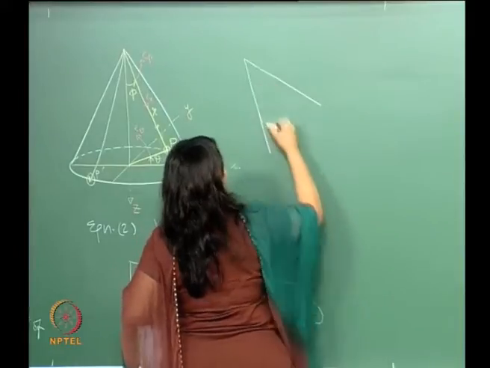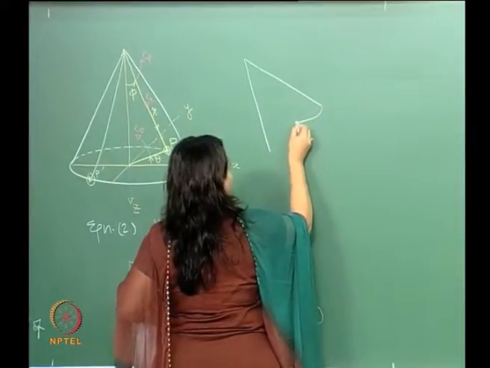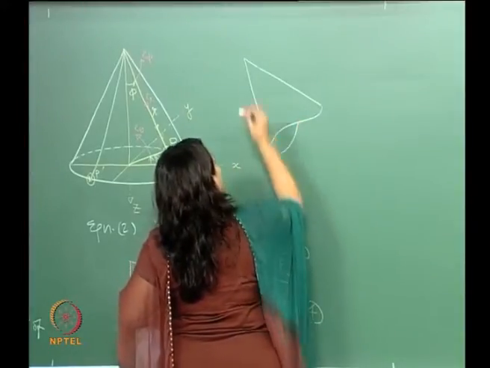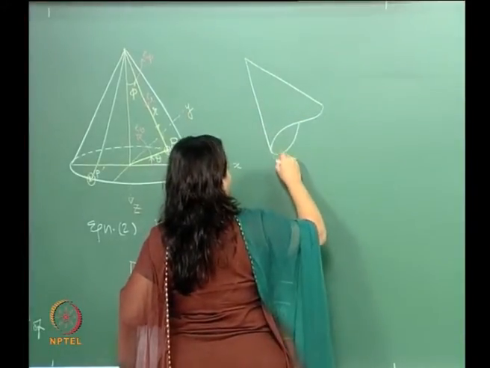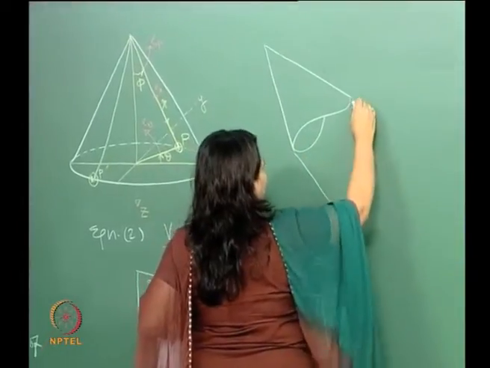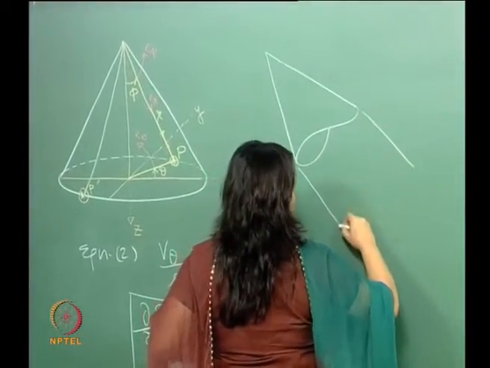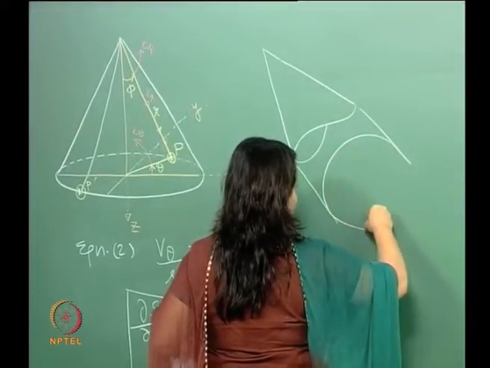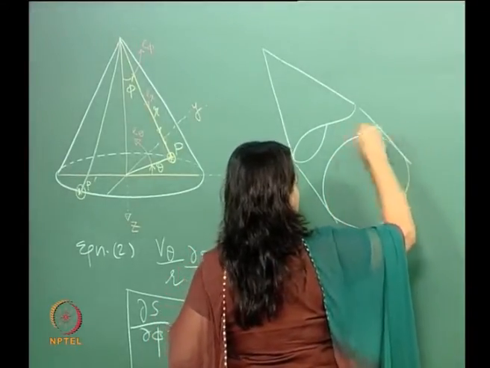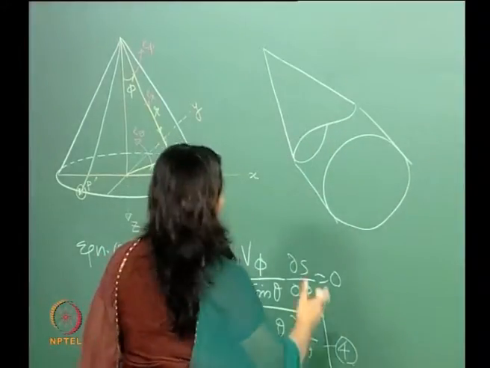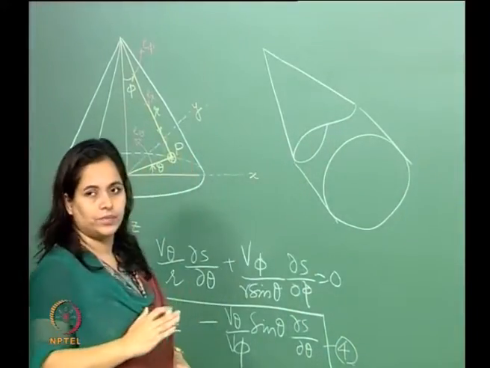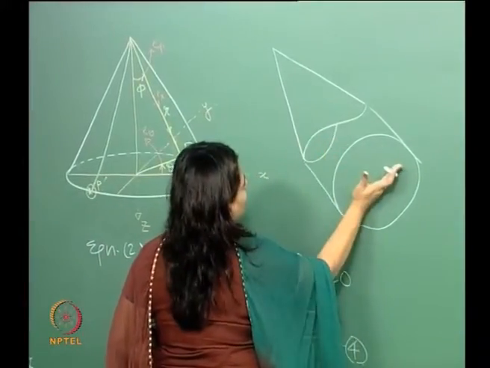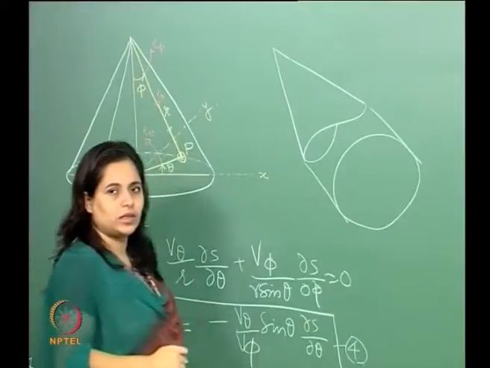So, we have a cone like that, and if I project this onto here, I will basically look at a circle.